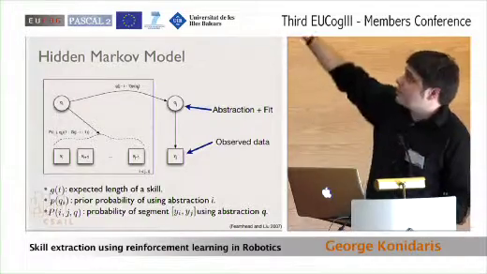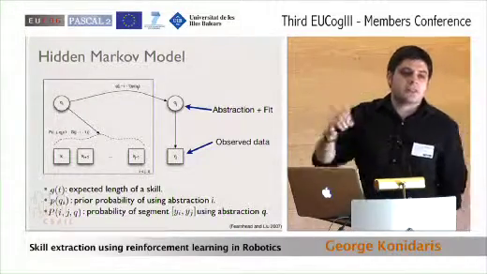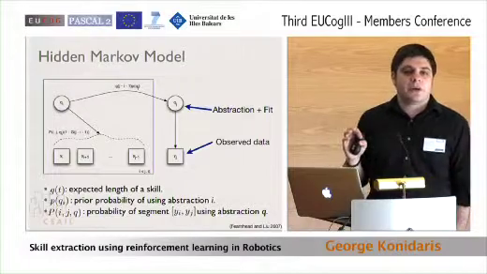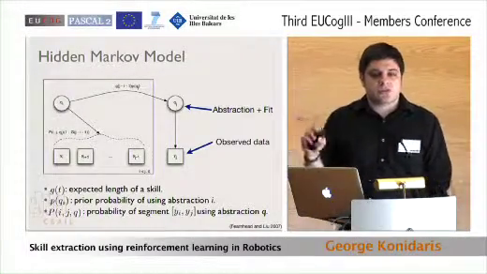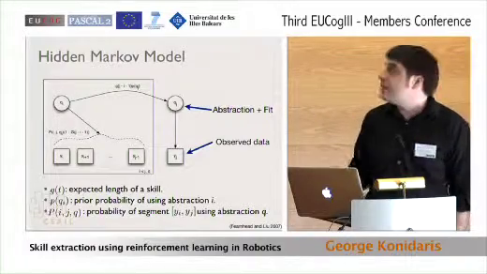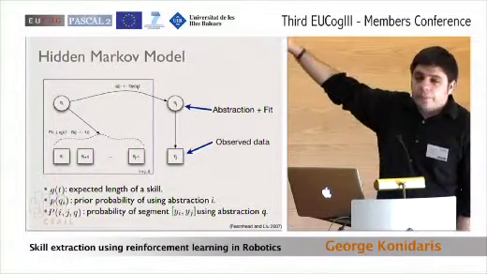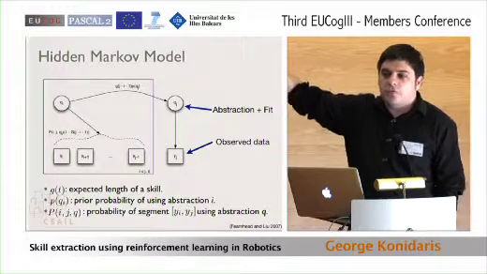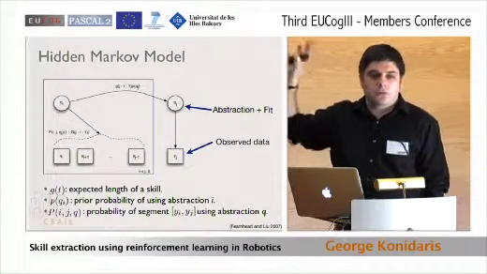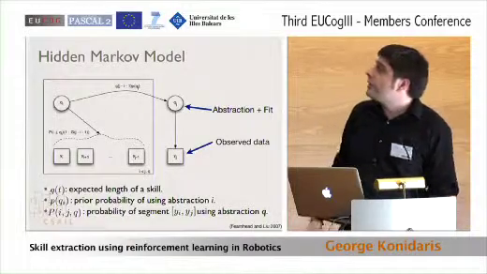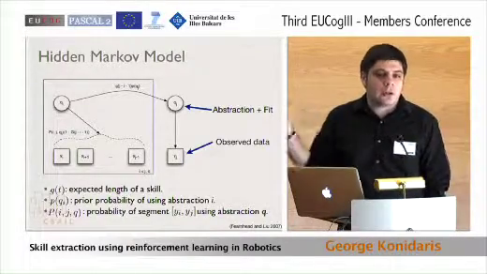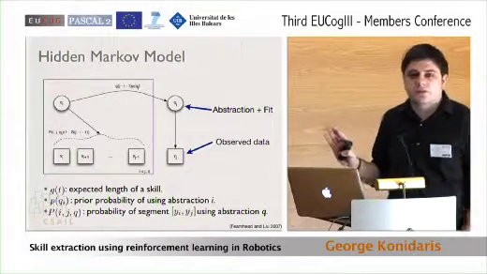This is a geometric distribution on how long skills last, and that's nice and natural because we can say, I expect skills to last 50 time steps, and then you can just write down the parameters of that distribution. The exciting thing about this is it's a hidden Markov model where all of the parameters are known. We don't have to do any learning. We can just do inference on this model. So we can apply something like a Viterbi algorithm and just pull out the segmentation of this trajectory.